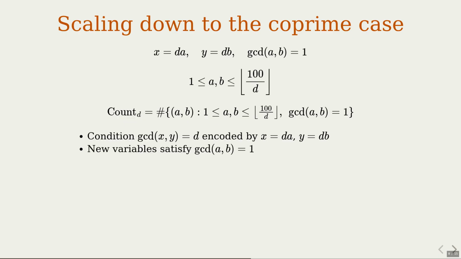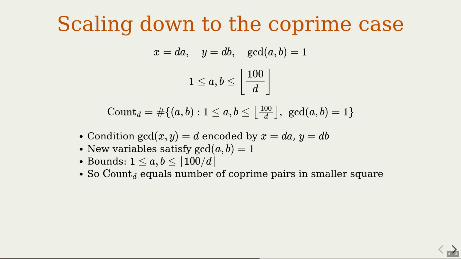Now a and b themselves are forced to be coprime, which is perfect for using a Möbius detector. The scaling also shrinks the square from side length 100 down to side length floor of 100 divided by d. That means our fixed greatest common divisor problem is nothing more than a coprime counting problem on a rescaled grid.